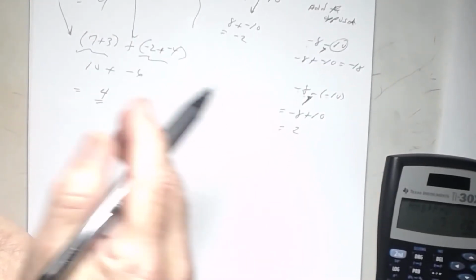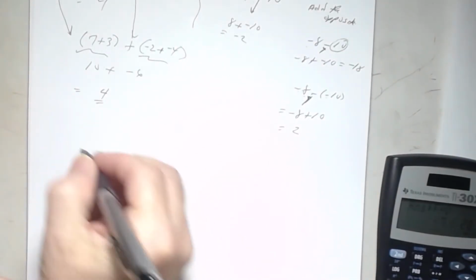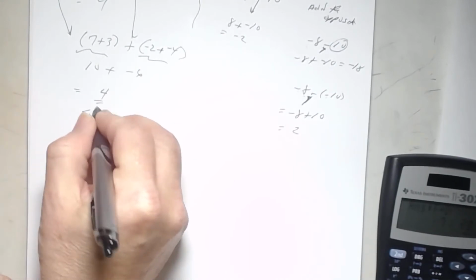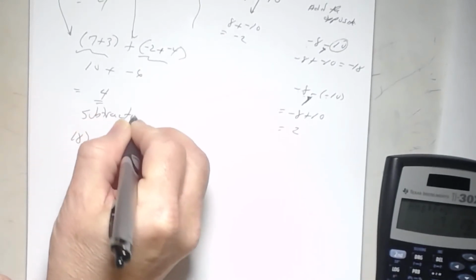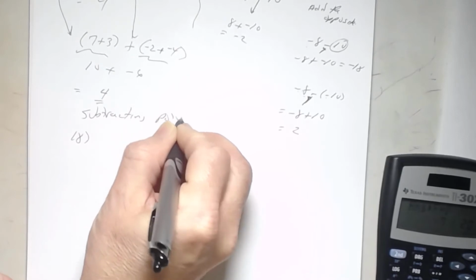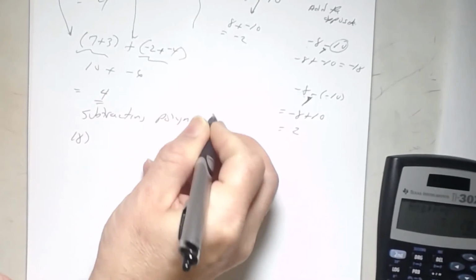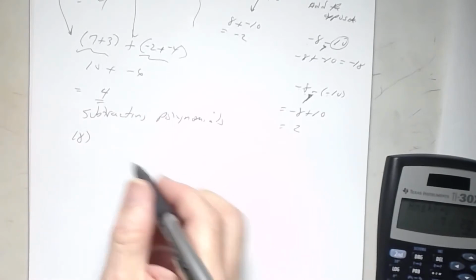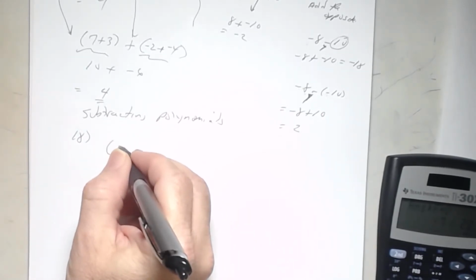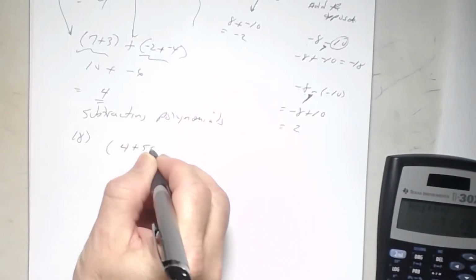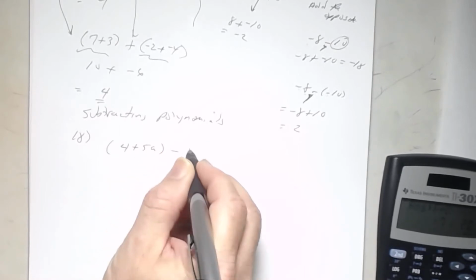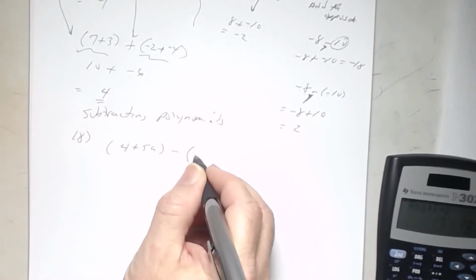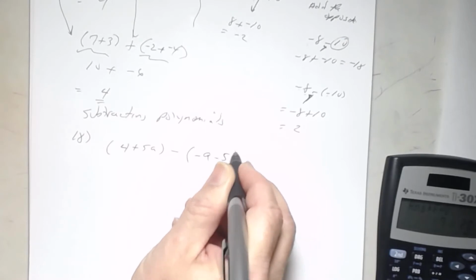So this is going to be number 18. So now we're subtracting polynomials. All right, we're subtracting polynomials now. So this is what it looks like. You have this first polynomial, 4 plus 5a, subtract this second polynomial, negative a minus 5.